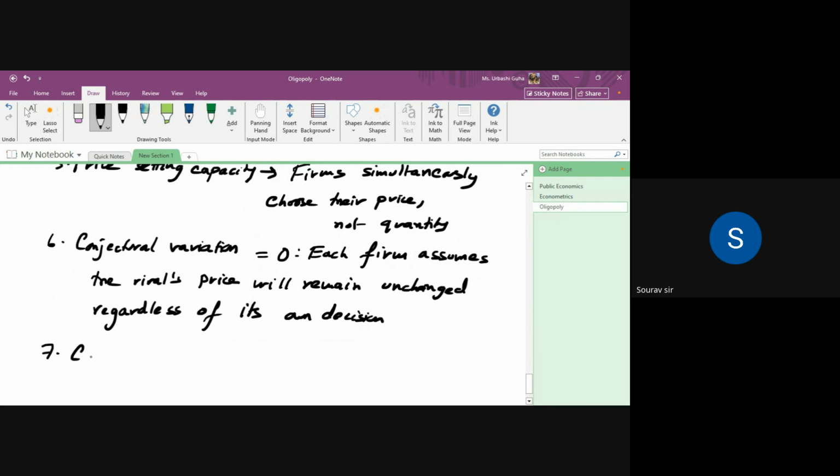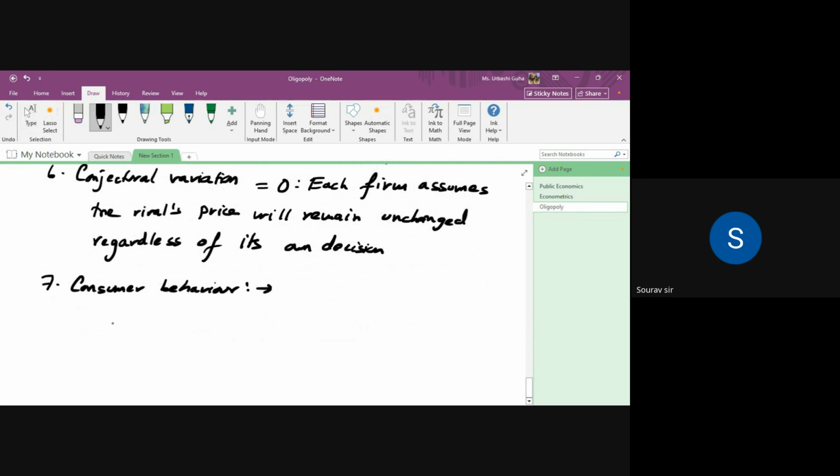Next, consumer behavior. So consumer behavior will be then what? Obviously, it's related to price, and what we have learned until now, all consumers buy from the firm charging the lower price.